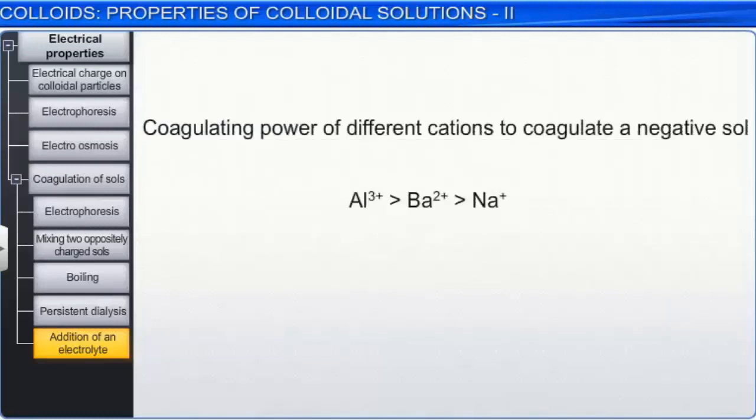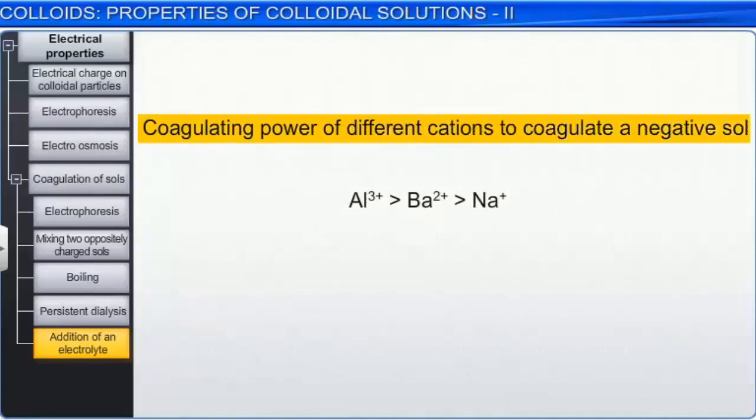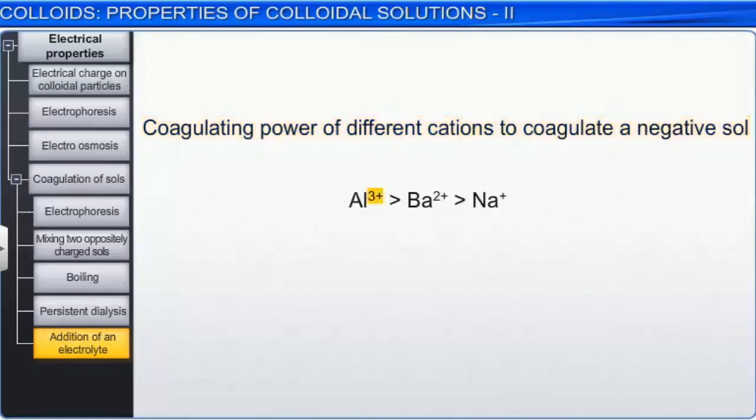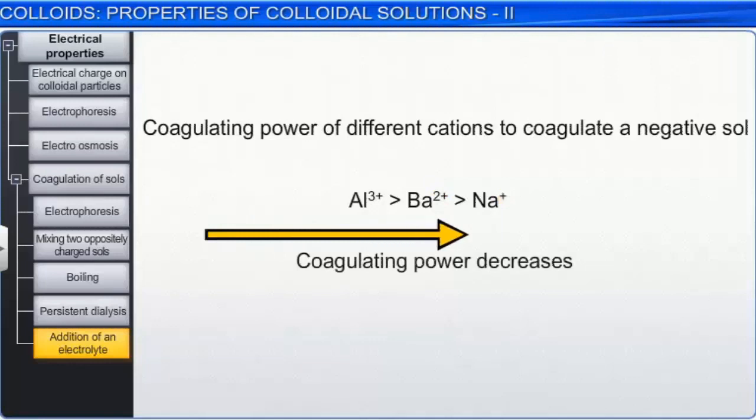The coagulating power of different cations to coagulate a negative sol follows the order Al3+ > Ba2+ > Na+. This shows that tripositive ions are more effective than dipositive and unipositive ions.